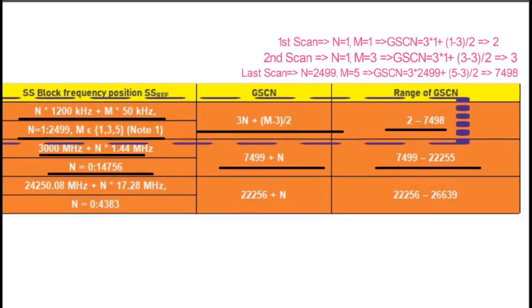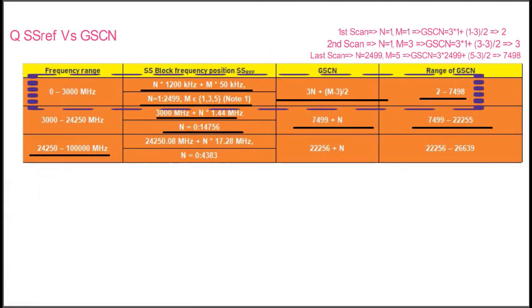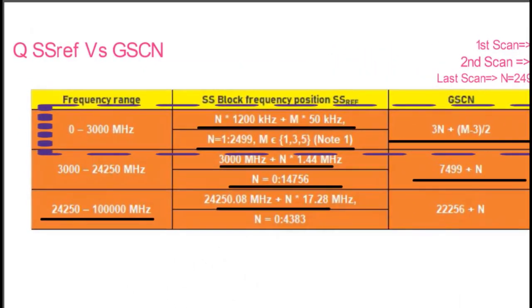For the frequency range above 24250 megahertz, the formula is 24250.08 megahertz plus N into the raster size. In this case the synchronization raster step size is 17.28 megahertz, so on every 17.28 megahertz step you will try to find the SSB position.